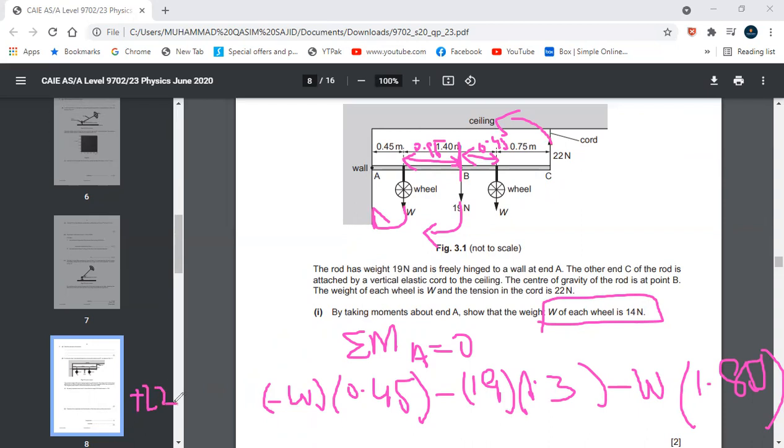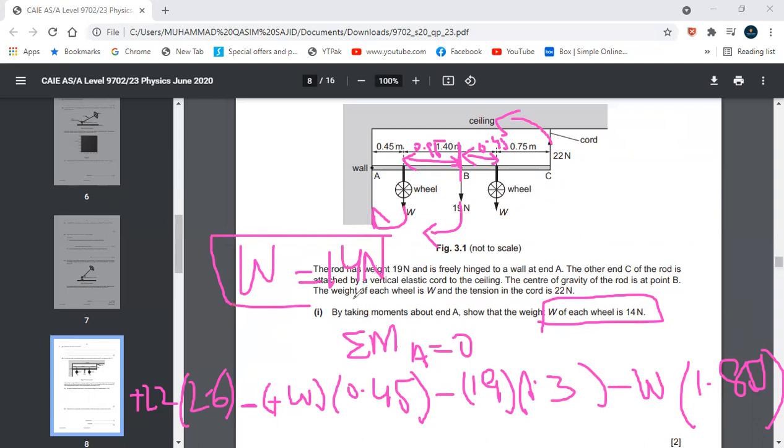And the total distance is 0.75 plus 1.40 plus 0.45, so 2.15 and 2.6. So this is 2.6. By using this and simplifying, we find the weight equals 14 Newton.